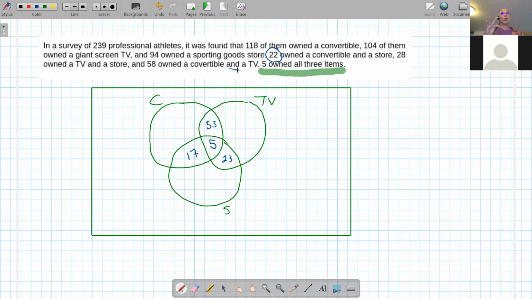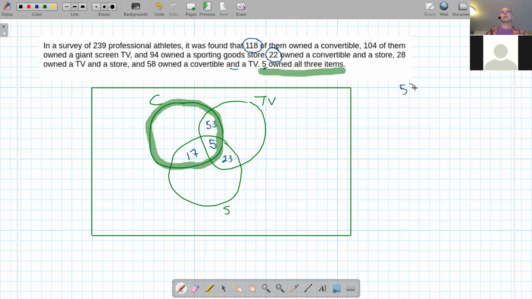So since it doesn't say only, I don't know if some of those 58 own a store or not until I use that information. Now I can go back and deal with, say, this 118 right here. So in this whole circle, I use a different color on that, for the convertible, I know there has to be 118 in that whole circle right there. I've accounted for 53, 5, and 17, so I just need to add that up, take it away from 118.